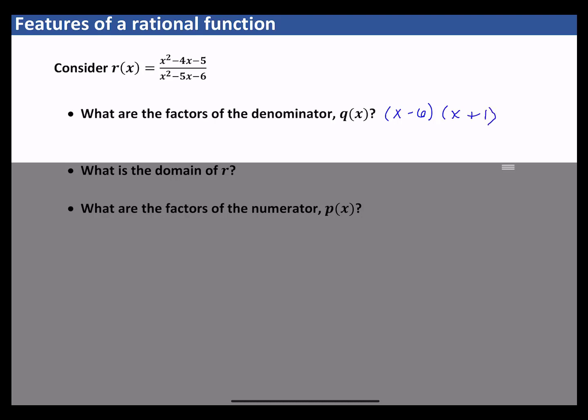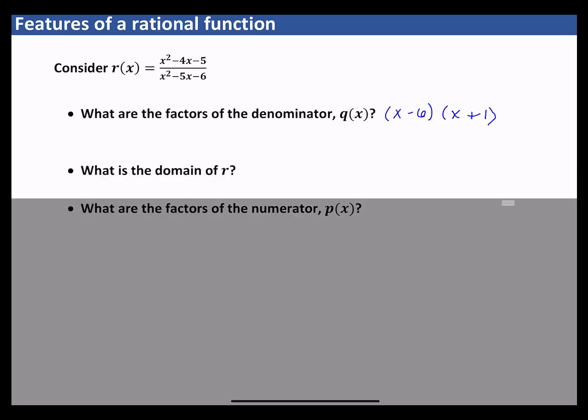As a result, we know that x equals 6 and x equals negative 1 make the denominator equal 0. And since the denominator cannot be equal to 0, we can conclude that the domain of r is all real numbers except x equals 6 and x equals negative 1.